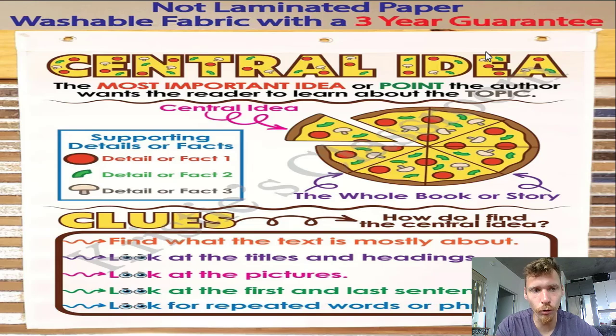That might be a useful visual for some students. And then there are a few clues right here. Look at the titles and headings, look at the pictures, look at the first and last sentences, and look for repeated words or phrases. So these are text features, the headings, the pictures, and those are very useful ways to find the main idea or the central idea.